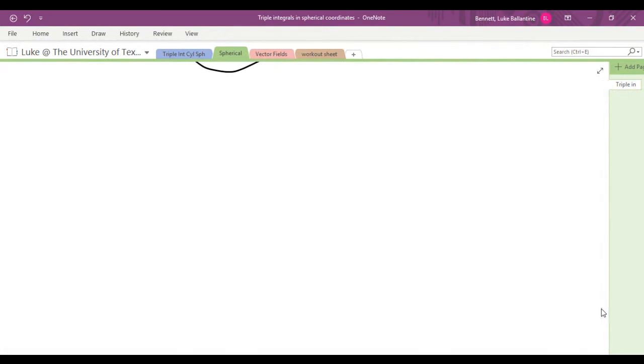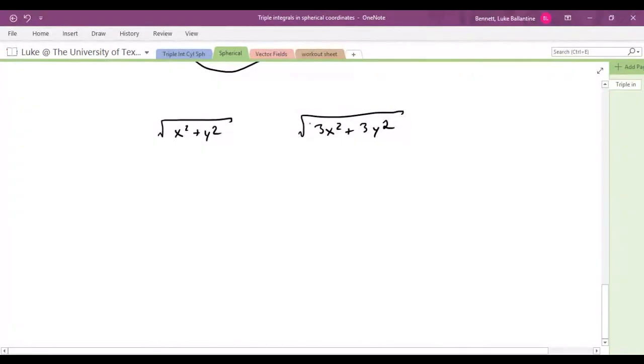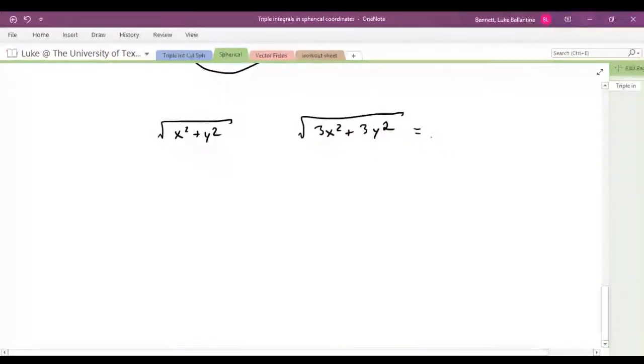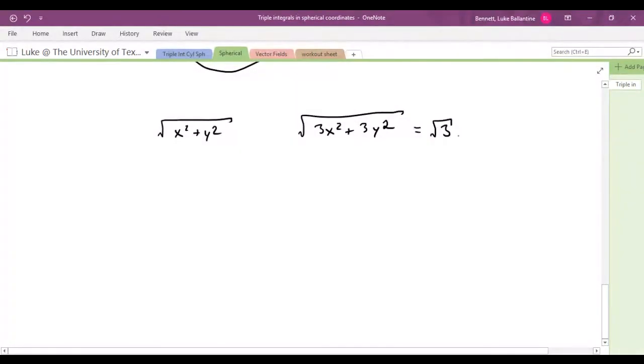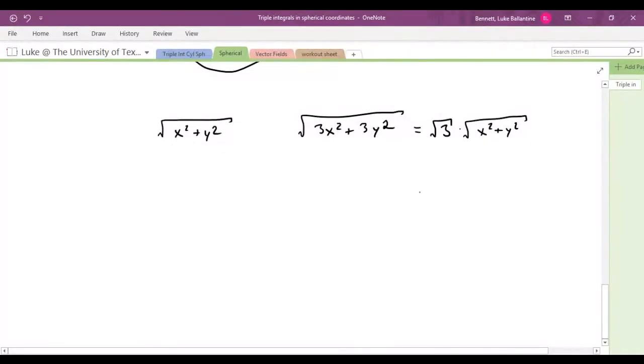And one thing else that I'll talk about: I was looking at the homework, and it was something along the lines of the region being between x squared plus y squared and the square root of 3x squared plus 3y squared. So this is the square root of 3 times the square root of x squared plus y squared. These are cones, okay?